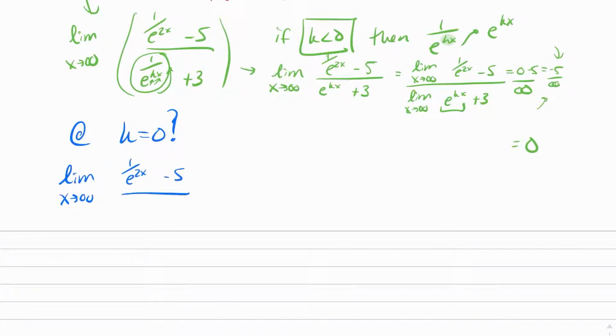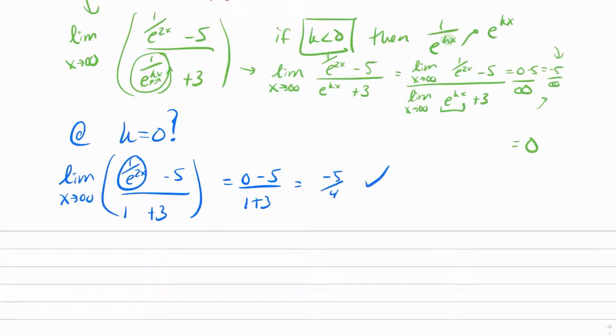But if k was equal to 0, this would be 1 over e to the 0 power, which I'm going to erase right away because e to the 0 power, or anything to the 0 power, is just going to be 1, and 1 over 1, I'm just going to replace right away as 1. So on the bottom we get plus 3. So we can evaluate this limit, right? This term is going to go to 0, so we get negative 5 over 1 plus 3, which gives us negative 5 over 4.